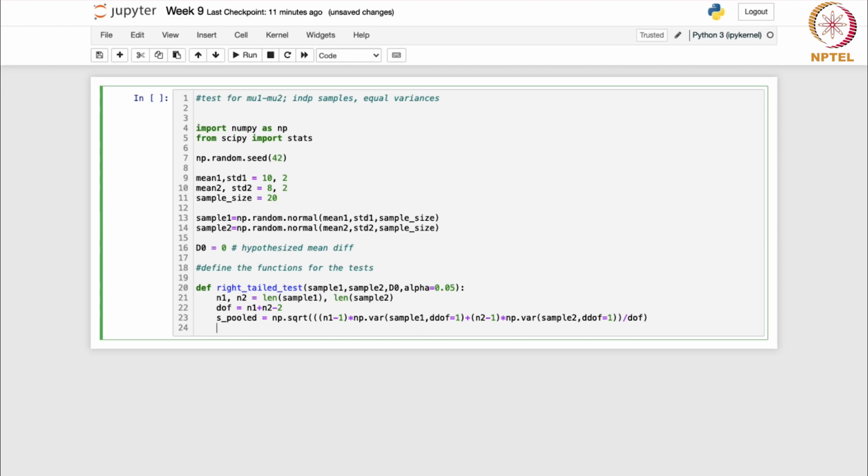After defining this, we can also mention the test statistic. So in the numerator, what do you have? You have x1 bar minus x2 bar minus d naught, right? That is the hypothesized value, and since d naught over here is 0, you can skip it, but if you want, you can write it in the formula also.